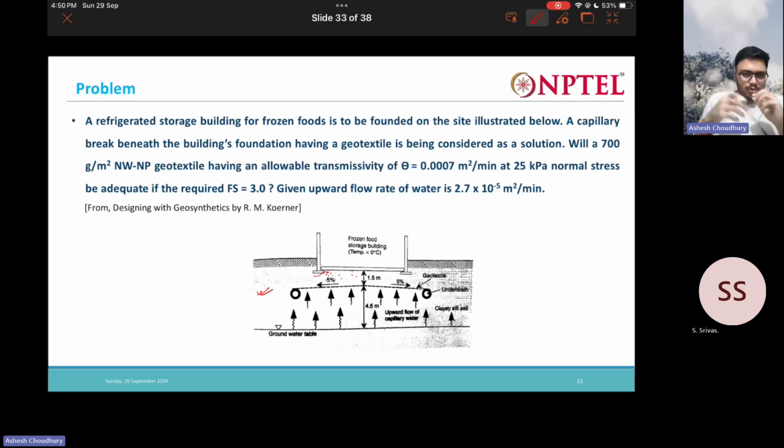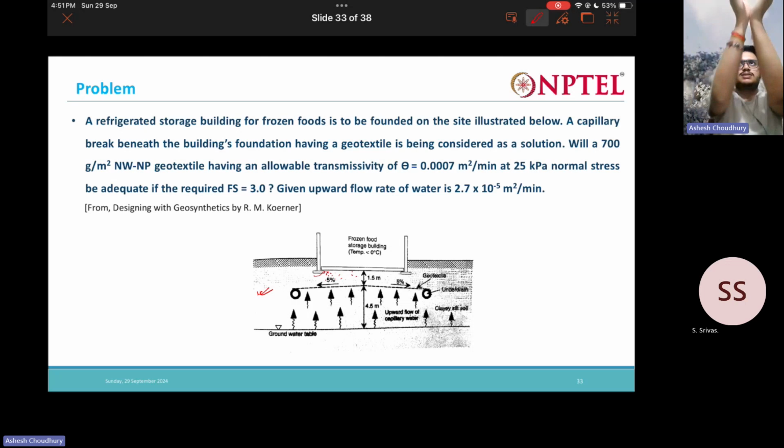So we need to prevent the water from going up and reaching the building foundation or the building base. For that, we have provided a capillary break. And what is this capillary break? We provide a geosynthetic filter, a geosynthetic drain, in between.